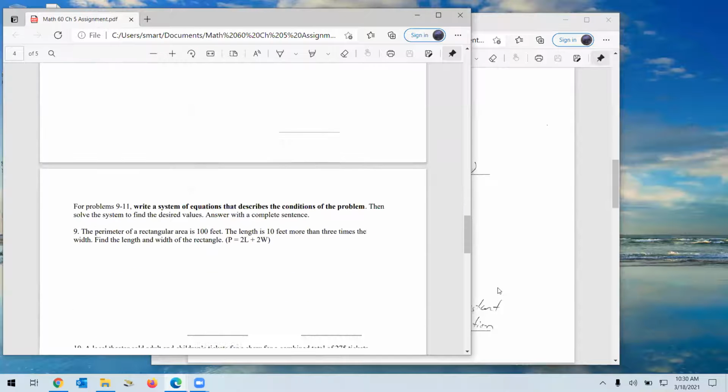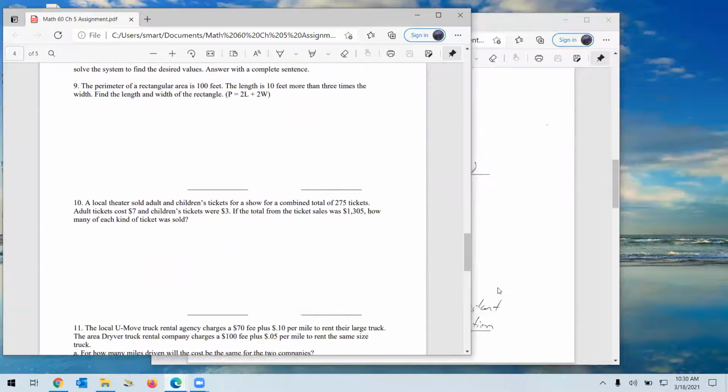And last page, I think, here we go, my 3 word problems. All right, here's one of our old favorites. The perimeter of a rectangle, 100 feet. I even gave you the formula there, at least in this handout. That formula basically is your first equation, right?